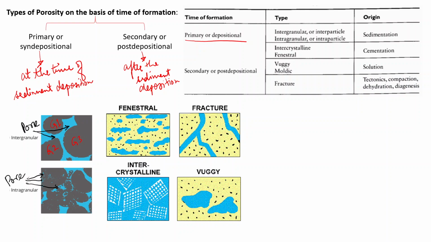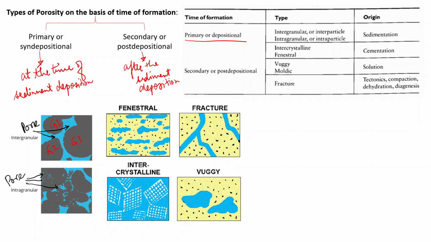Their origin is because of the cementation. Then the vuggy or moldic pores: sometimes there are rocks which are very prone to dissolution. So once the dissolution happens, it selectively removes the grains from the fabric of the rock, leaving behind a void that makes the vuggy or moldic pore.